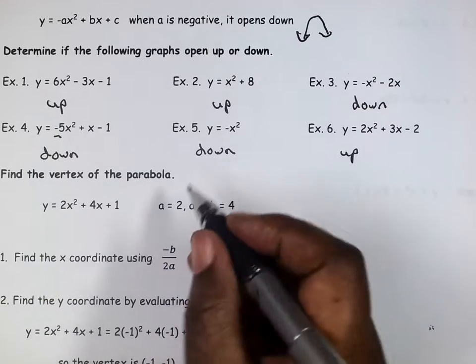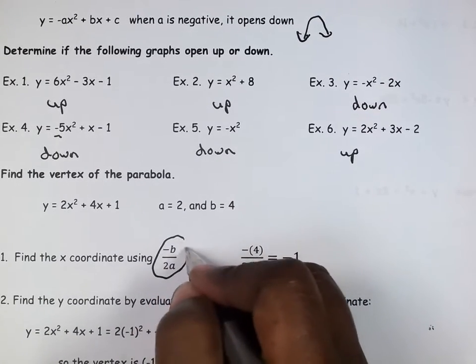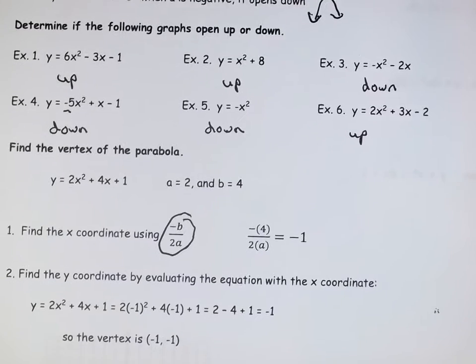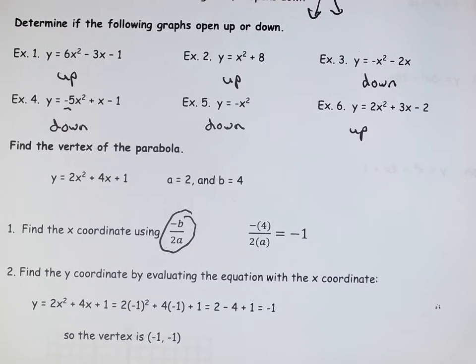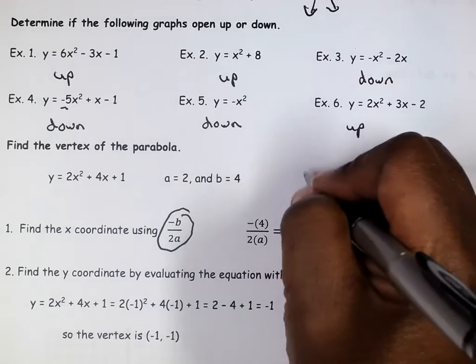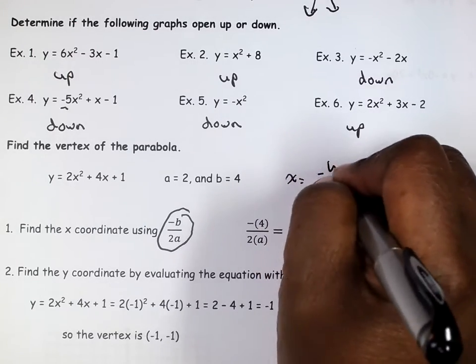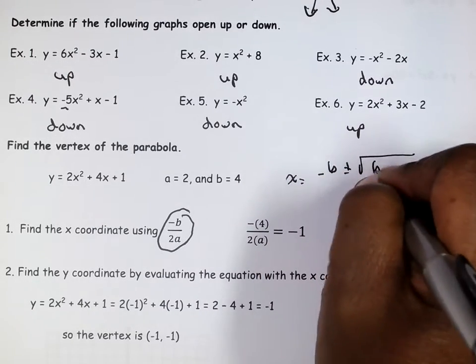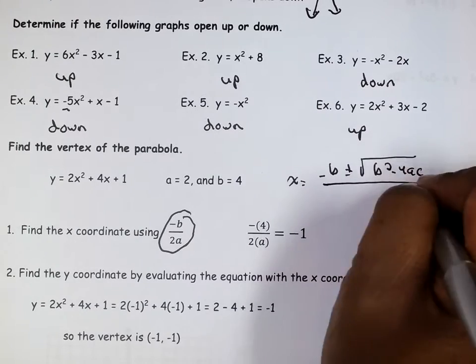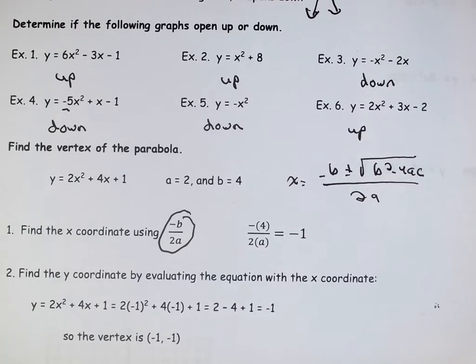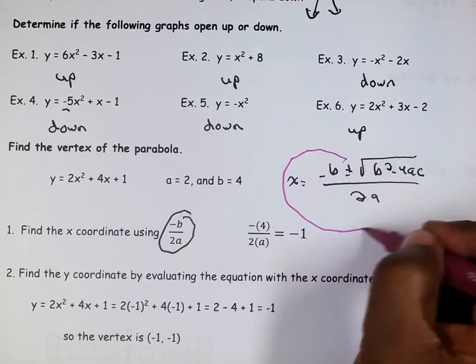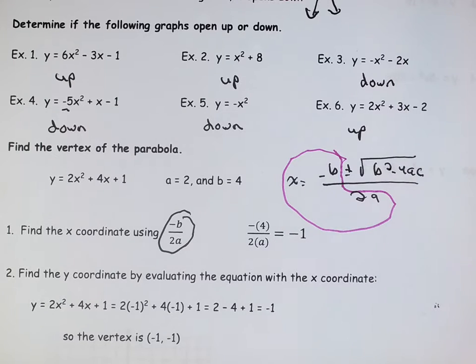So to find the vertex, the x-coordinate, we're using this formula, the opposite of b over 2 times a, which I hope is a little bit familiar, because remember when we were looking at the quadratic formula, it's the opposite of b, plus or minus the square root of b squared minus 4ac, all over 2a. So if we're just looking at the vertex, it's that first part without the plus or minus the radical.